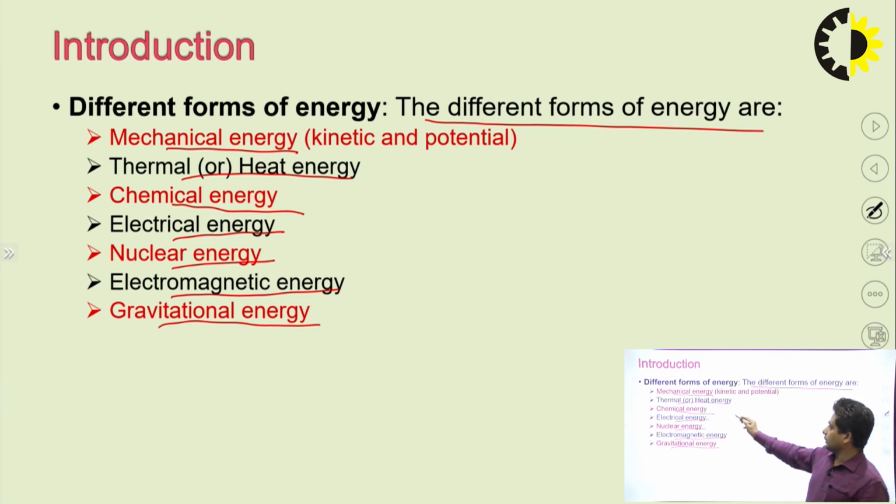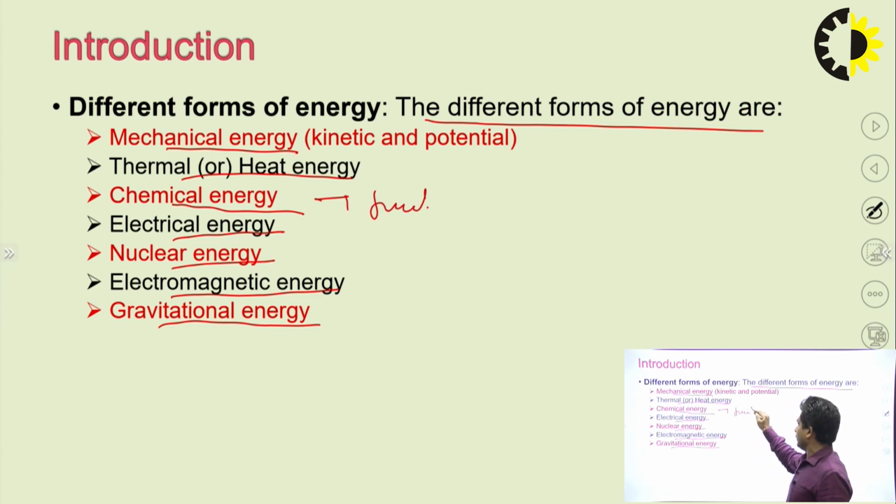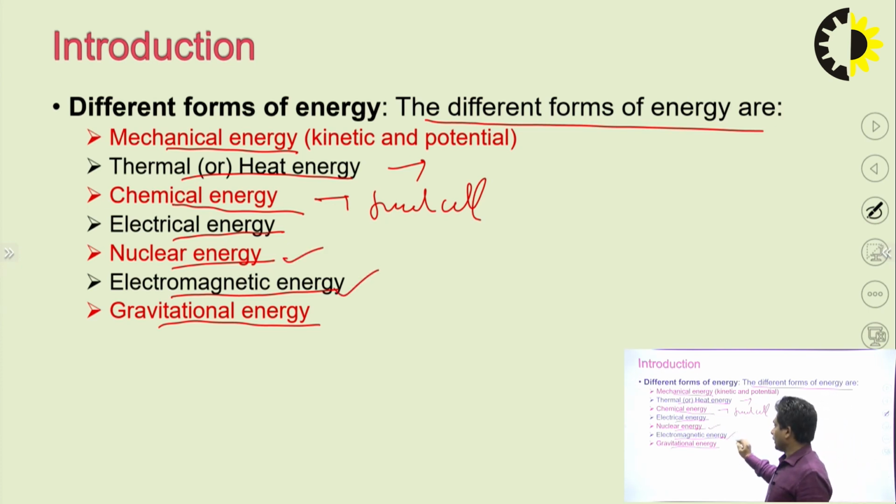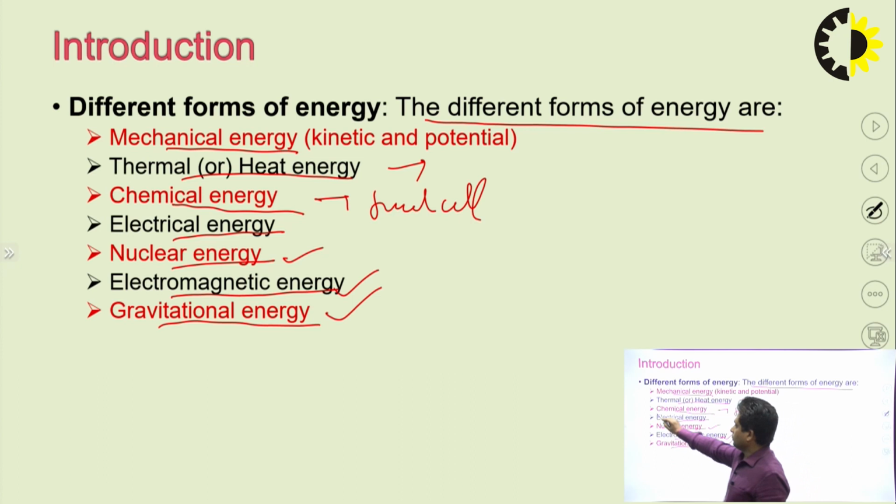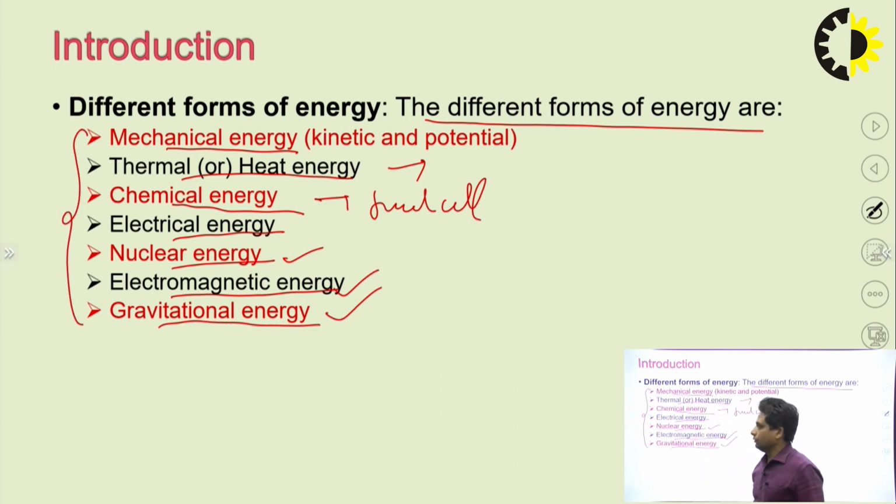Like chemical energy, you can utilize in a fuel cell directly, converting the chemical energy into electricity. Thermal or heat energy, using coal as a thermal source, we utilize that thermal and heat energy for the production of mechanical energy, and then mechanical energy is converted to electrical energy by the alternator. Nuclear energy, electromagnetic. So there are different forms available with us for the production or utilization of energy.